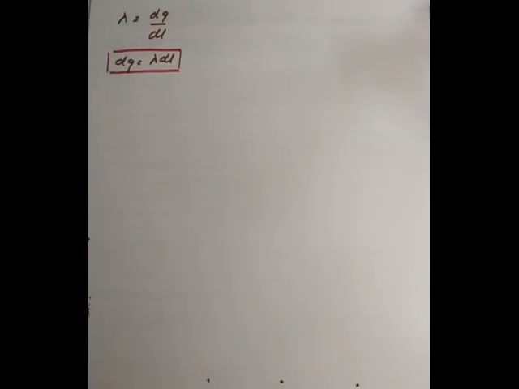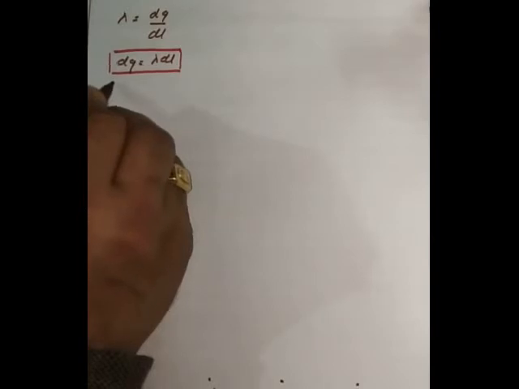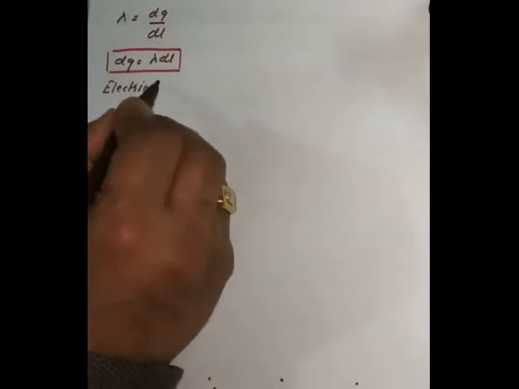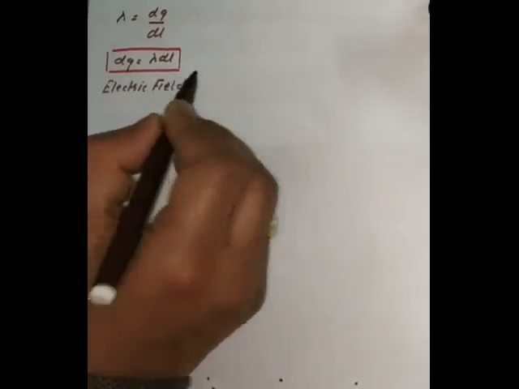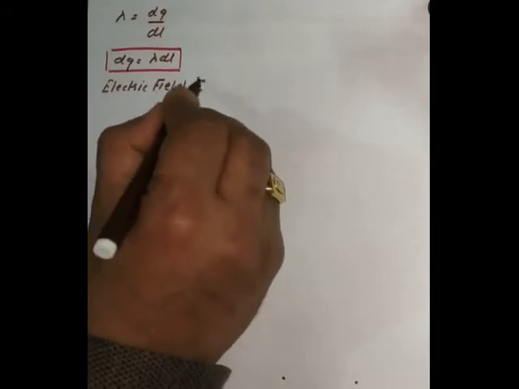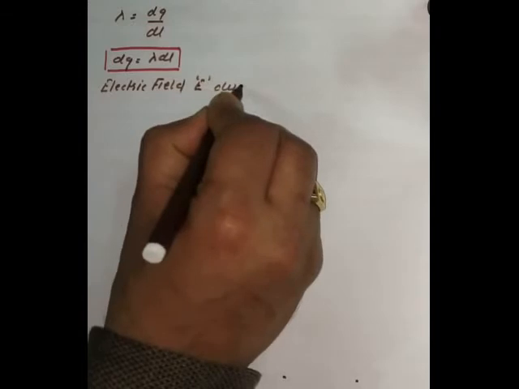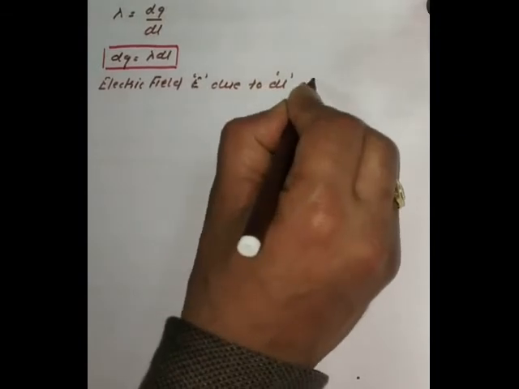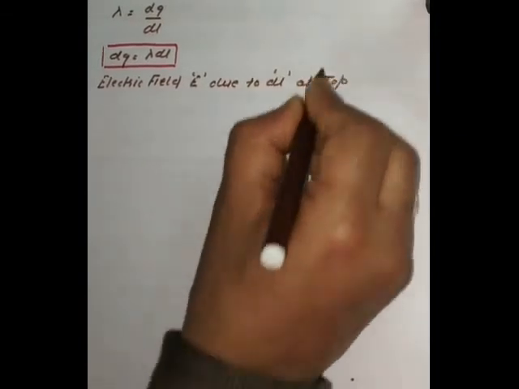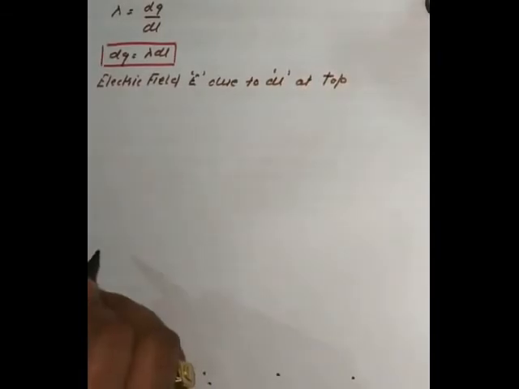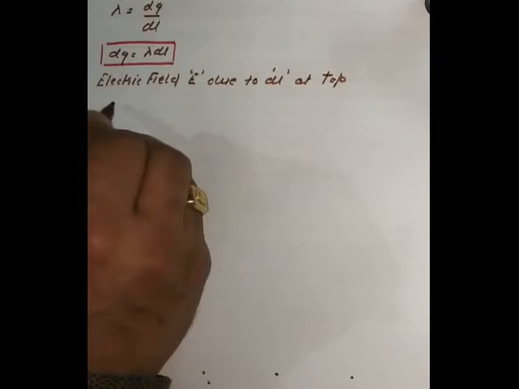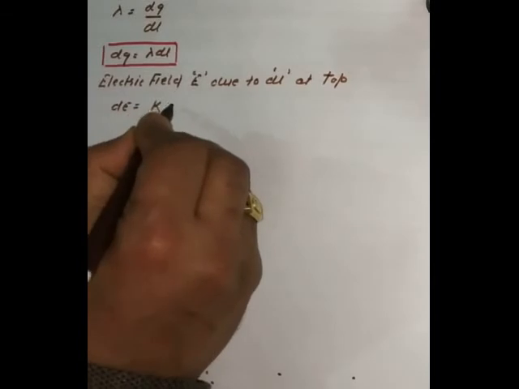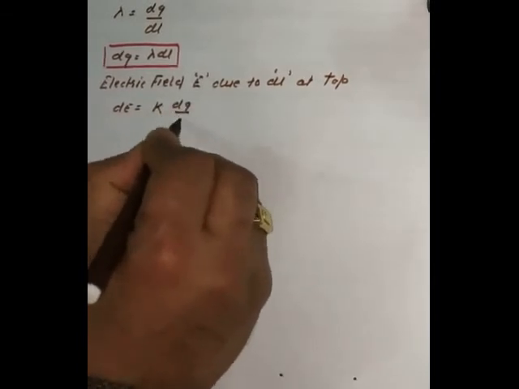So the electric field at the top due to dl, the small electric field dE, will be k dq upon r square.